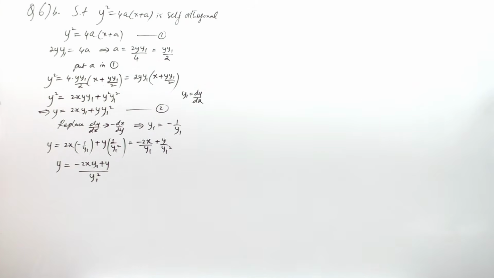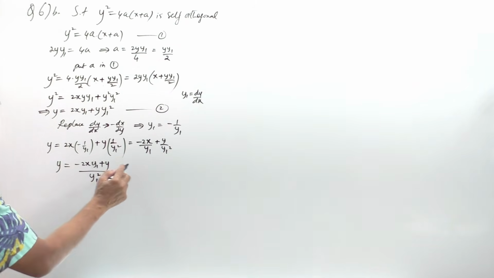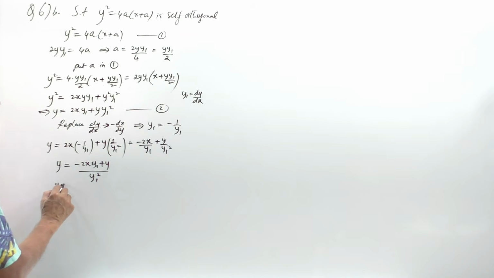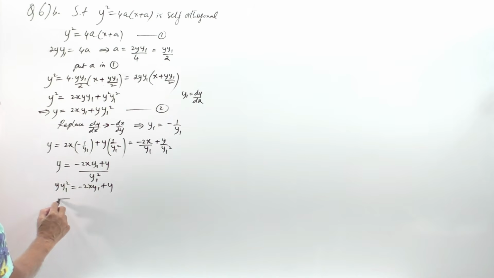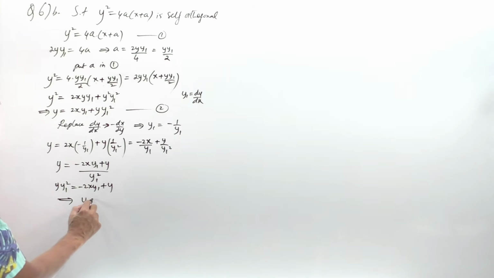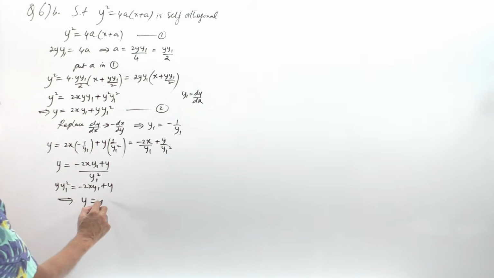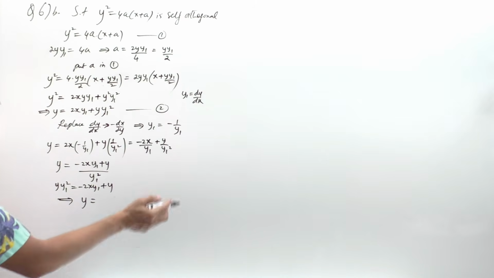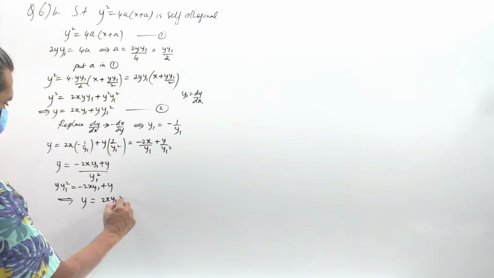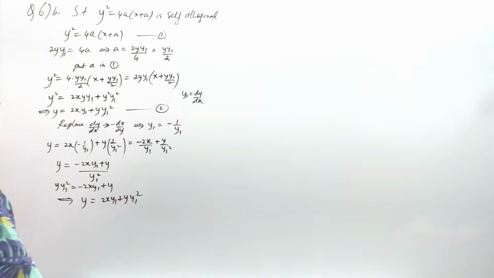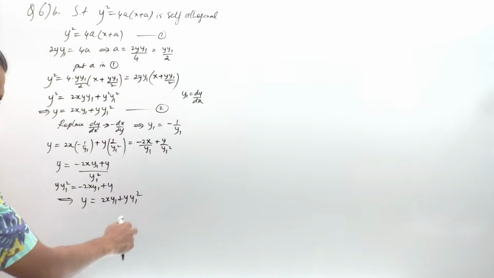Now what you can do is, that implies y into y1 square is equal to minus 2xy1 plus y, and that implies y is equal to, what is y, tell me? Y is equal to, take it this side, 2xy1 plus y into y1 square, that's it. Am I right? So y is equal to 2xy1 plus y into y1 square.